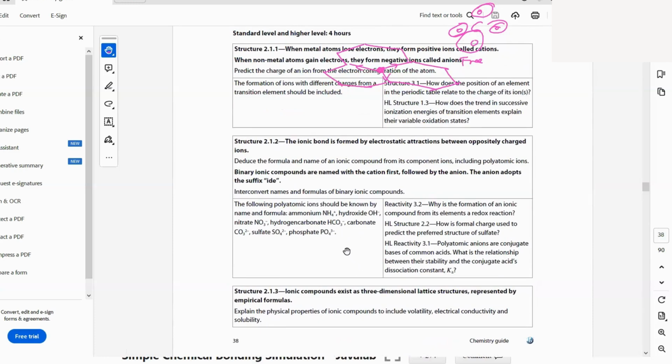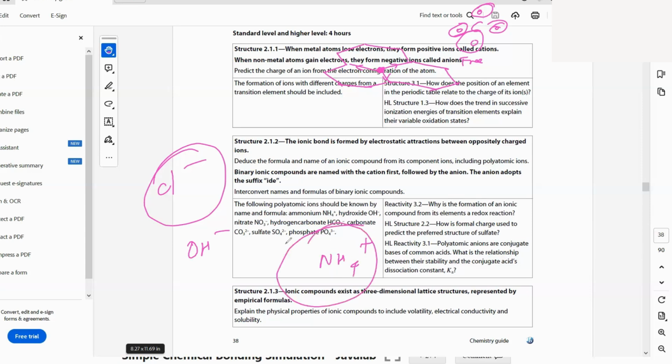You have polyatomic ions. Just go through all that. I hope you know what polyatomic ions are. For example, Cl minus is a monoatomic ion, just made of one atom. Polyatomic ions are ions made of more than one atom: OH minus, NH4 plus, SO4 2 minus.